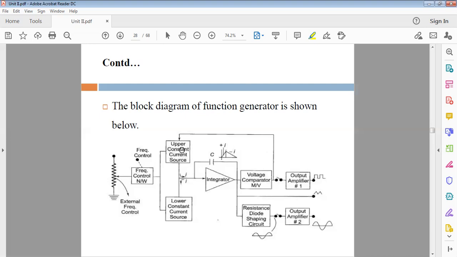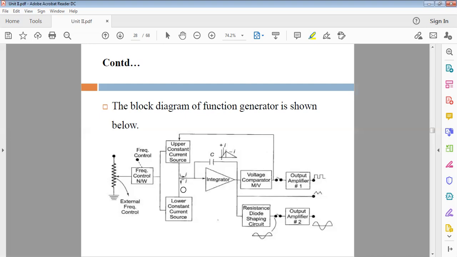Next, we have two constant current sources, the upper constant current source and the lower constant current source, which are used to provide current to the integrator. The upper constant current source provides the forward current, and the lower constant current source provides the reverse current to the integrator.